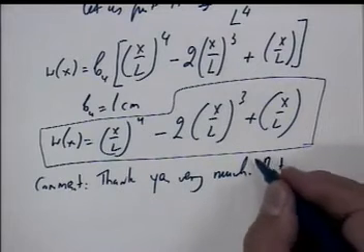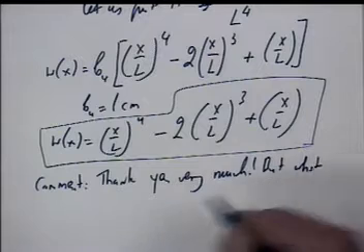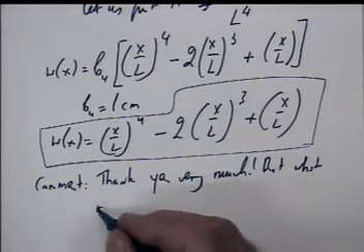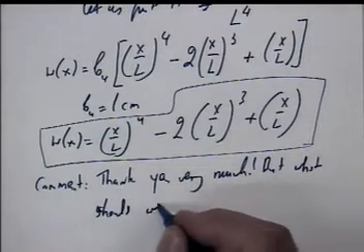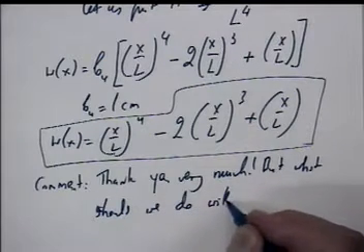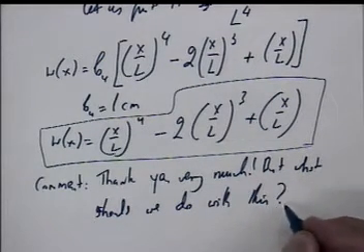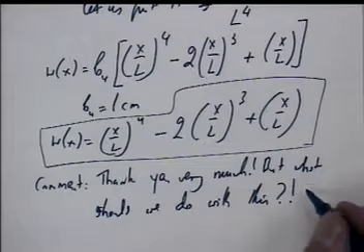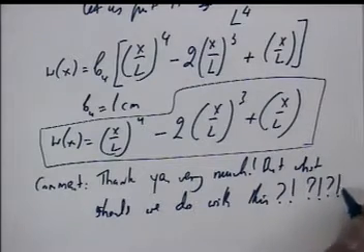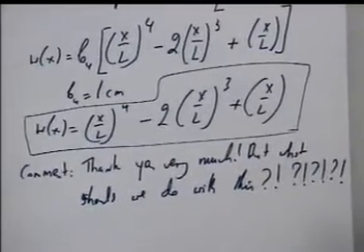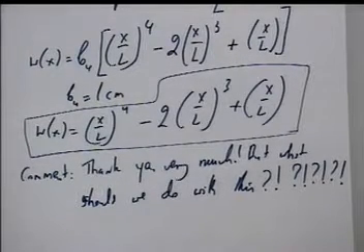But what should we do with this? So we got this fourth order polynomial that satisfies boundary conditions. What should we do with this?